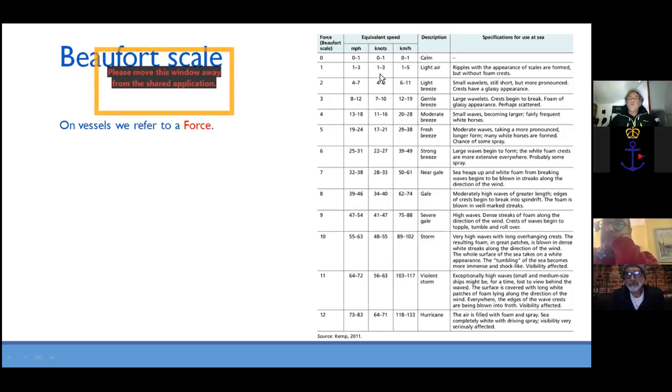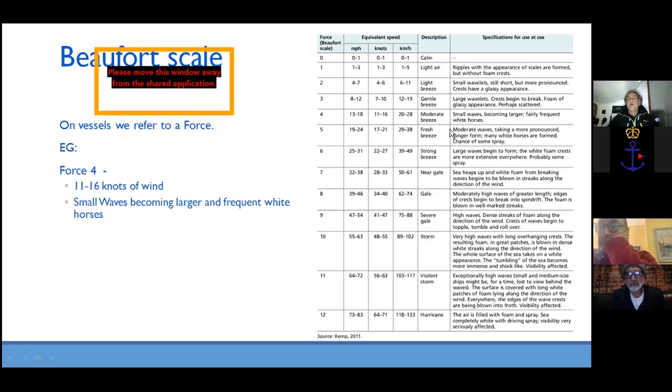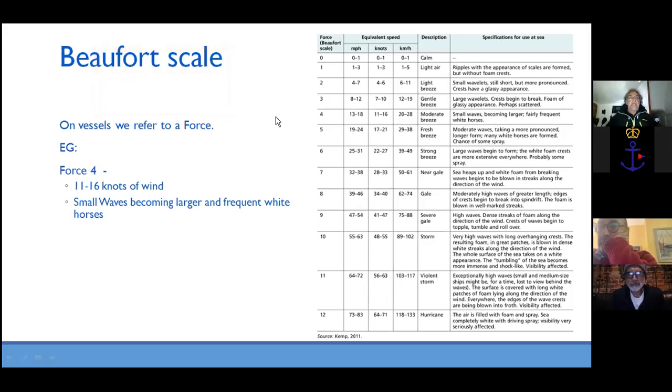It's not the wind knots, not the wind strength. Okay, so force 4, 11 to 16. So if we look at force 4, what we'll be looking at is small waves becoming larger, frequently with white horses. So you're actually looking at the sea state to get a wind prediction of what you're actually in. That's how the Beaufort scale works.